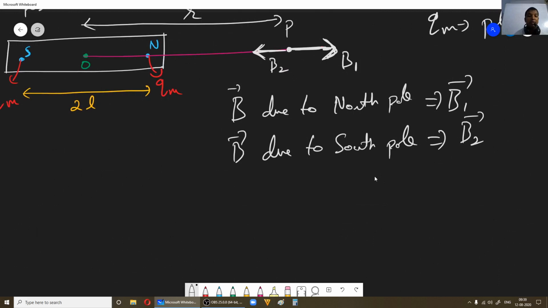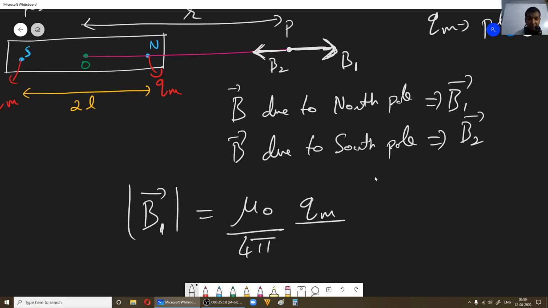Coming to the strength of the magnetic field due to the north pole, just like how we used to write 1 by 4 pi epsilon naught, KQ divided by r square, in electrostatics, here we will use mu naught divided by 4 pi, and then QM, the magnetic charge or pole strength, whole thing divided by the distance squared.